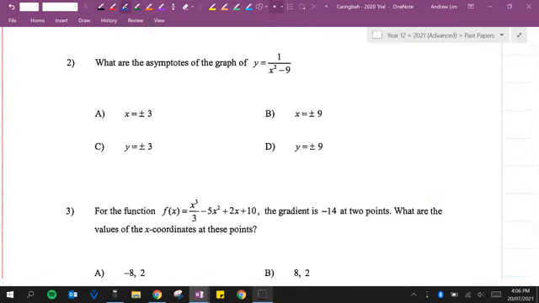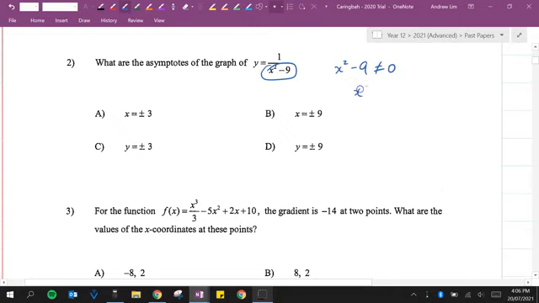Question 2. What are the asymptotes of the graph of y equals 1 over x squared minus 9? So the asymptotes are the values that x can't be, or where the graph will approach but will never touch. Well, here we can see that the denominator cannot equal 0.